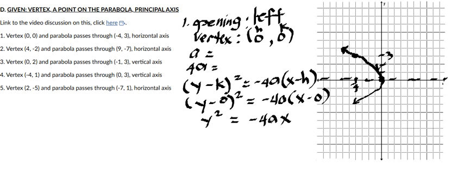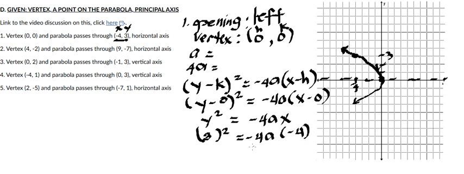But we don't have 4a here, but we can identify the 4a by making use of our point on the parabola, which is this. This will serve as our x and our y, and we replace that in our equation. Our y is 3, so squaring that will be equal to negative 4a times our x, which is negative 4.